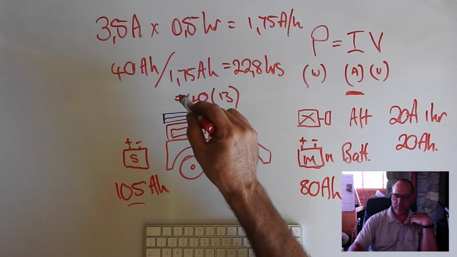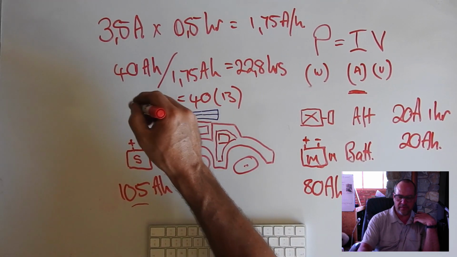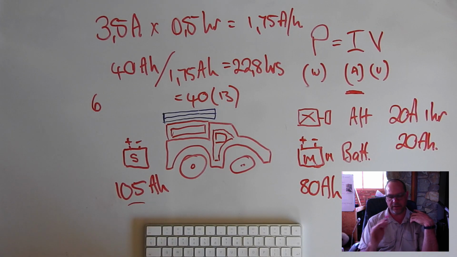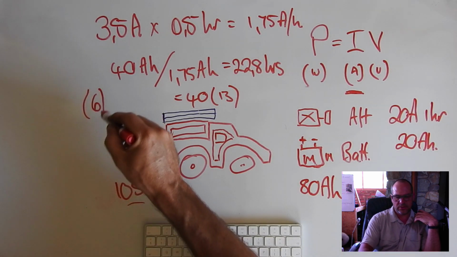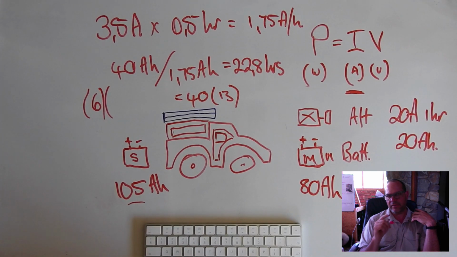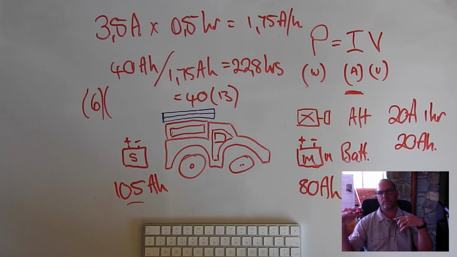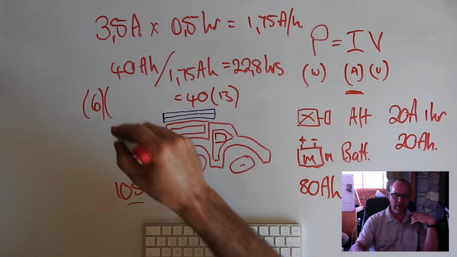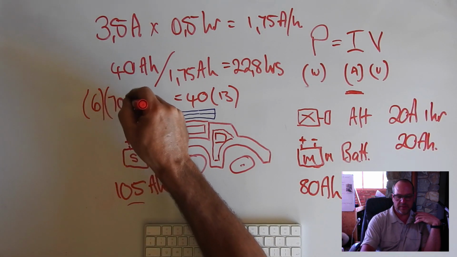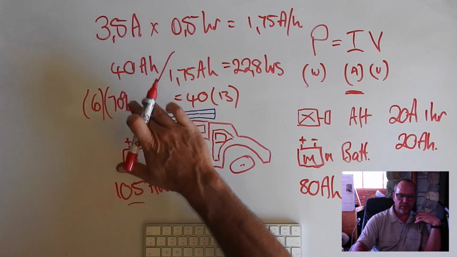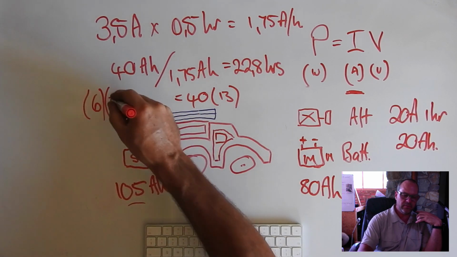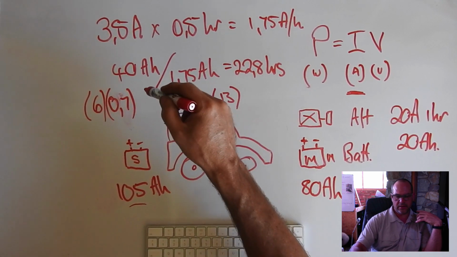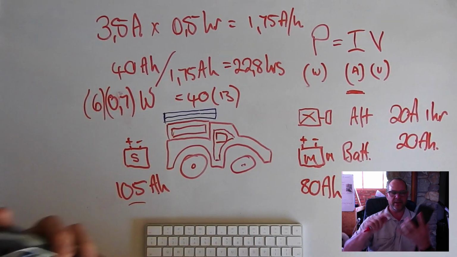Now in any day you have 6 hours of sun in South Africa typically. So 6 hours of sun. You have efficiency with a horizontal panel. You have an efficiency of 70%. So 70% is 0.7. And then I'm looking at my solar panel.